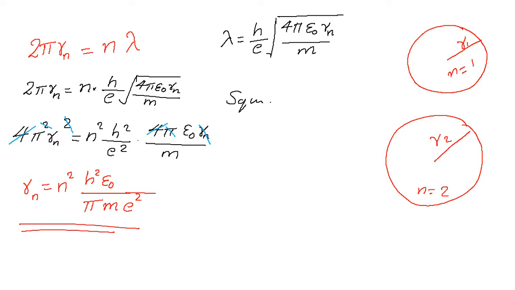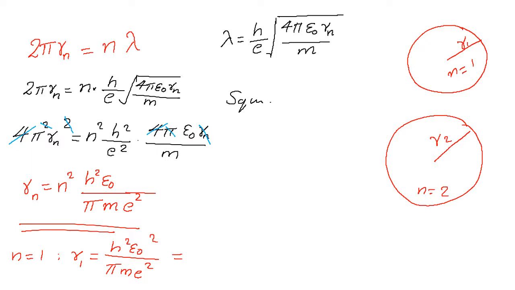Fine. Now for n is equal to 1, you will have R1 as h square epsilon 0 divided by pi m e square. And you can see that all the terms are constant. H is Planck's constant, epsilon 0 is permittivity of free space, pi is constant, m is mass of electron, e is the charge of electron. So everything is constants.